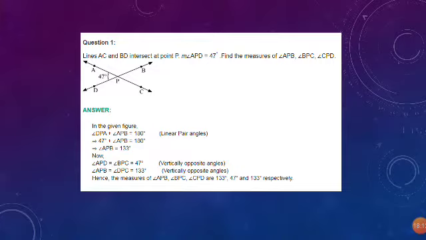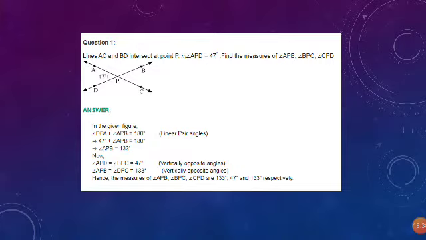Next, angle APD equals angle BPC. They are vertically opposite angles, and vertically opposite angles are equal. So angle APD equals angle BPC equals 47 degrees. Next, angle APB and angle DPC are vertically opposite angles, so they are equal.